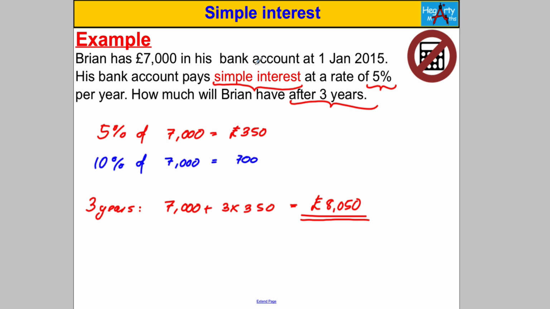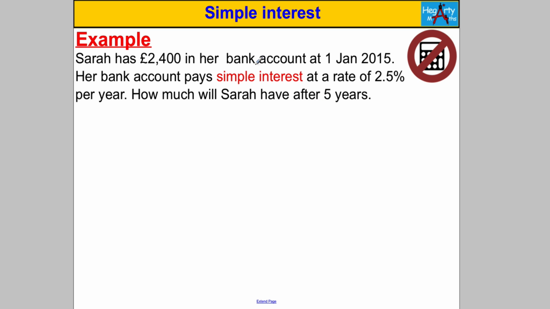Let's do another one. Please pause the video and have a go at this one yourself. Okay, Sarah has £2,400 in her bank account. Her bank account, poor old Sarah, pays her simple interest as well, this time at a rate of 2.5%. How much will Sarah have after 5 years? The first thing we need to do is try and work out 2.5% of £2,400.